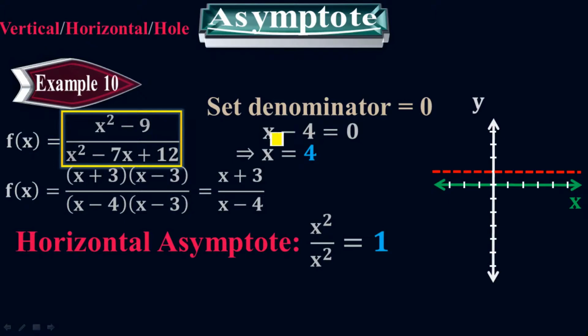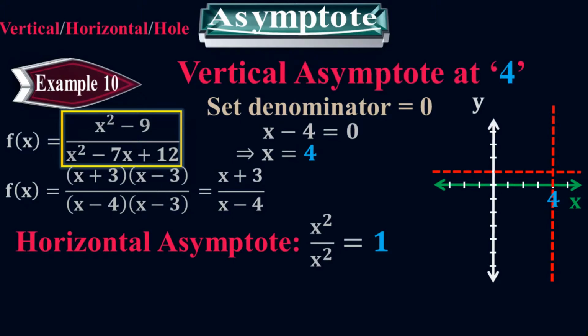Just rearrange this equation. This negative 4 will go to the other side to become positive 4. Therefore, I have x equals 4. So this 4 is my vertical asymptote. Exactly on x equals 4, I have this dotted line, which is my vertical asymptote. So I can write that the vertical asymptote is at 4.